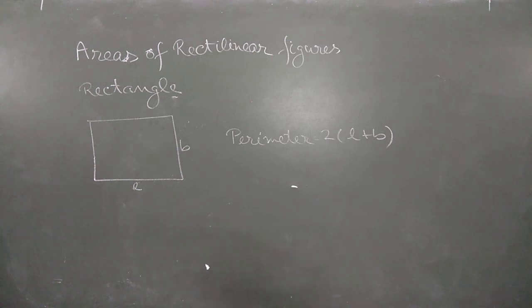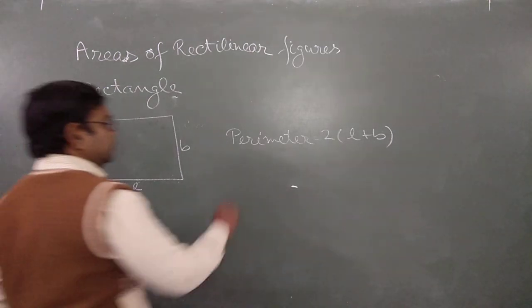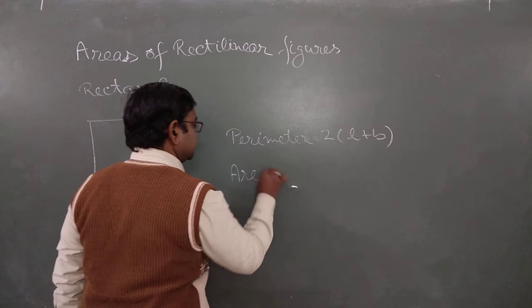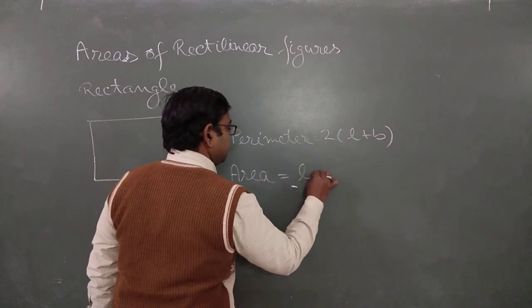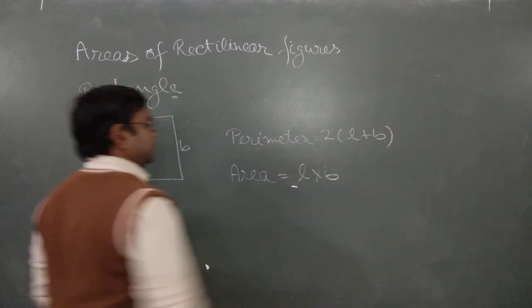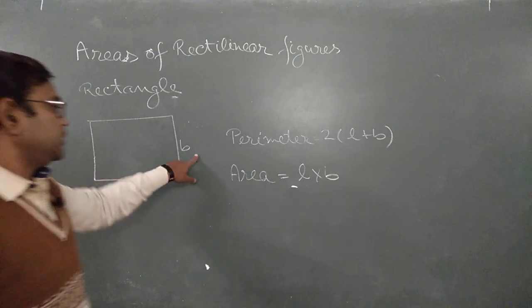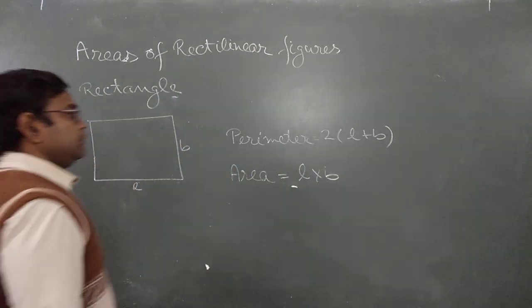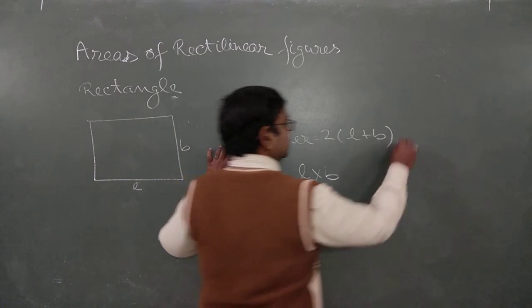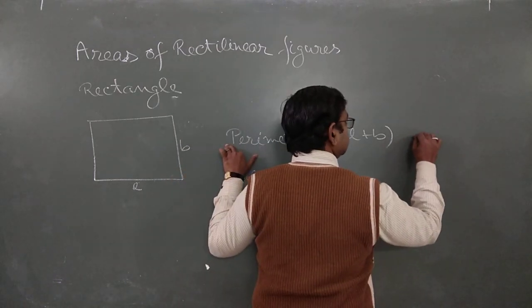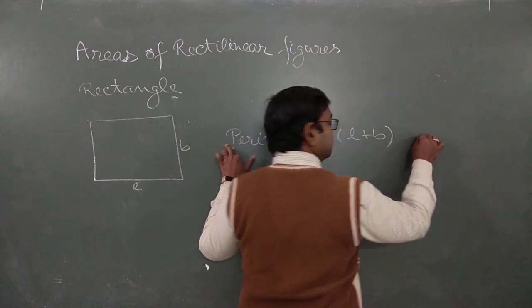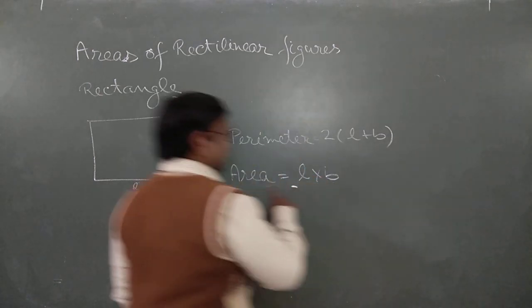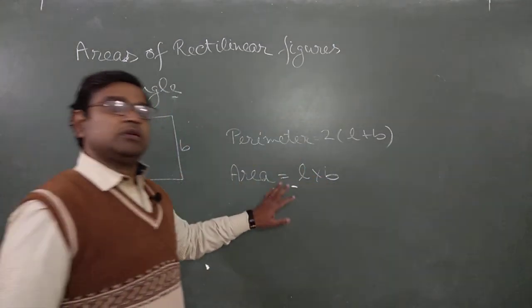Now in case of area, always remember area is the product of the sides, length into breadth. This is length, this is breadth, you multiply the sides, so we get the area. And remember, the unit of perimeter is simply the length unit, and for area we have millimeter square, meter square, likewise.